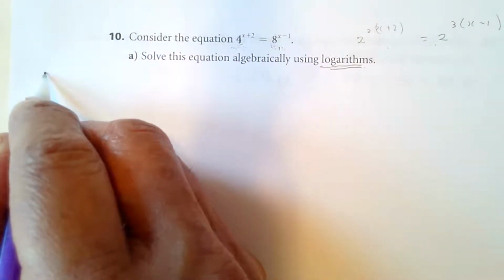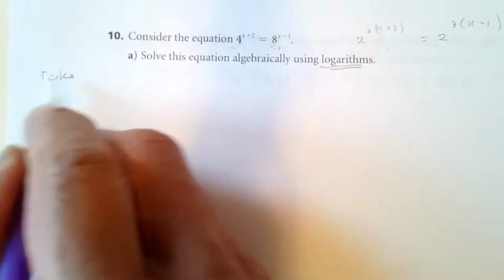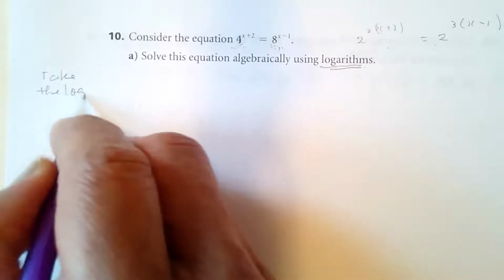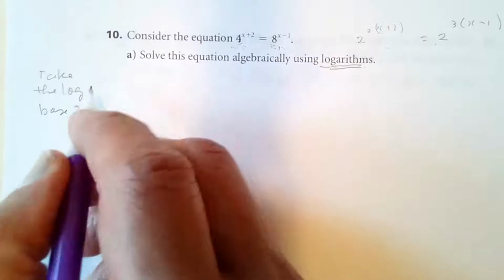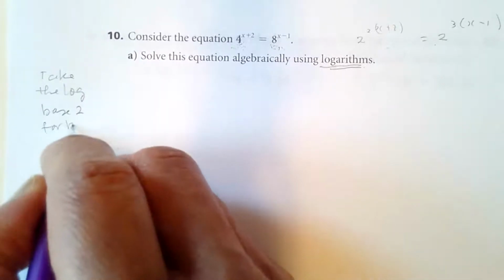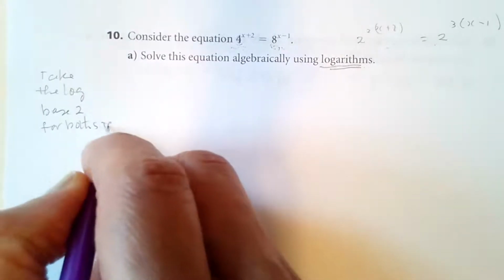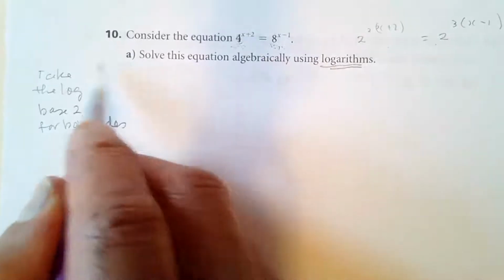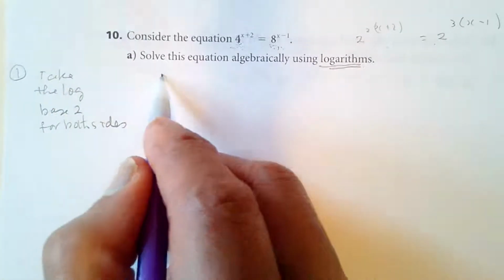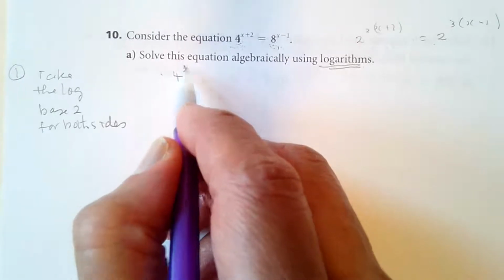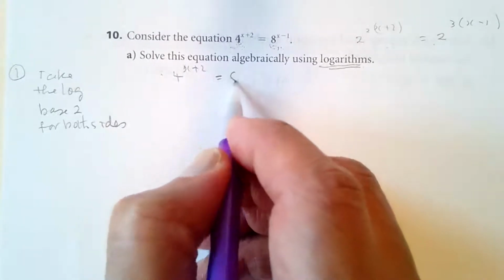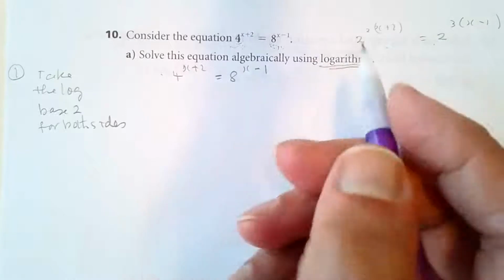So that's step 1. Initially we have 4 to the x plus 2 equals 8 to the x minus 1.